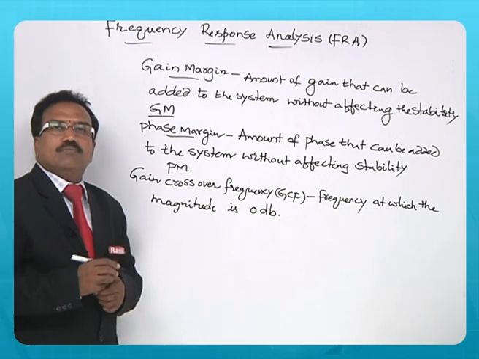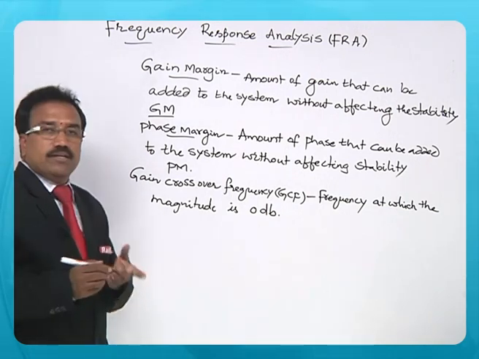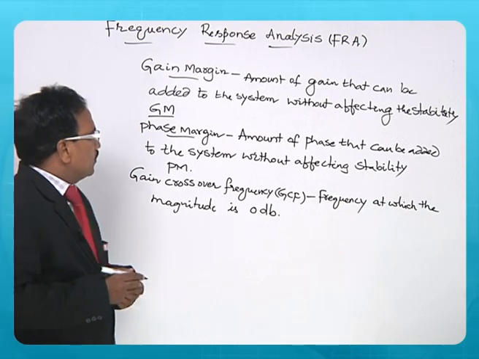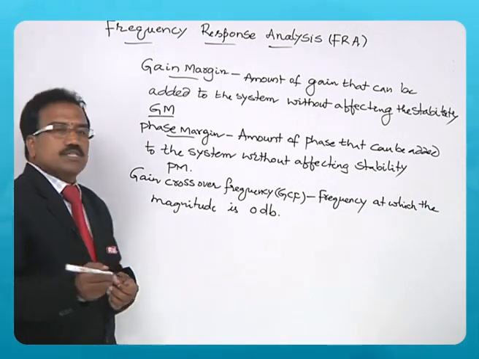Frequency at which the magnitude or the gain is 0 dB is known as gain crossover frequency.